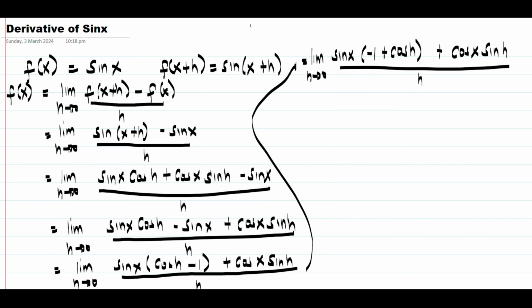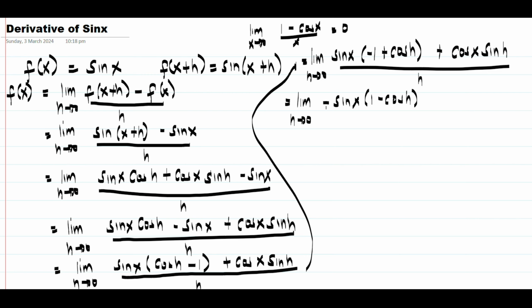Since we all know that the limit of 1 minus cosine x all over x as x approaches 0 is equal to 0, let us write negative 1 plus cosine h in this particular form. So let us have here the limit as h approaches 0 of negative sine x times 1 minus cosine h.